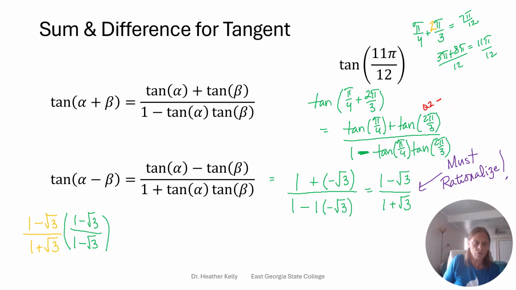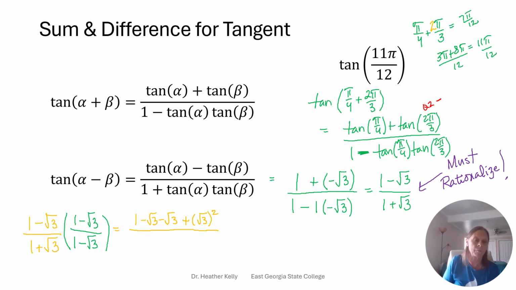Okay, so the numerator is going to be 1 minus the square root of 3 minus another square root of 3 plus the square root of 3 squared. That's how I always write it. That way if the number's really ugly, it doesn't mess me up. I just write it in that form, right?